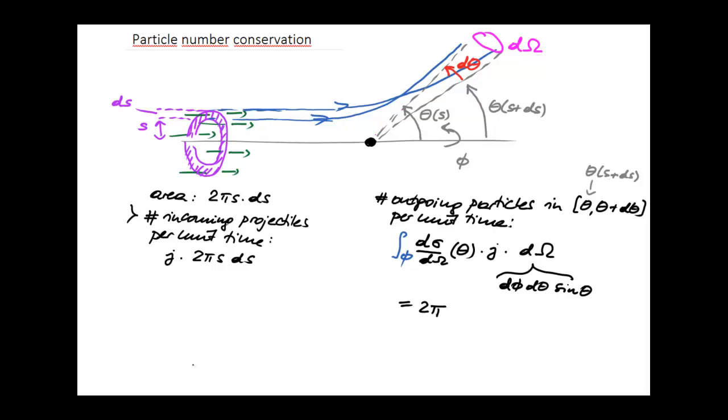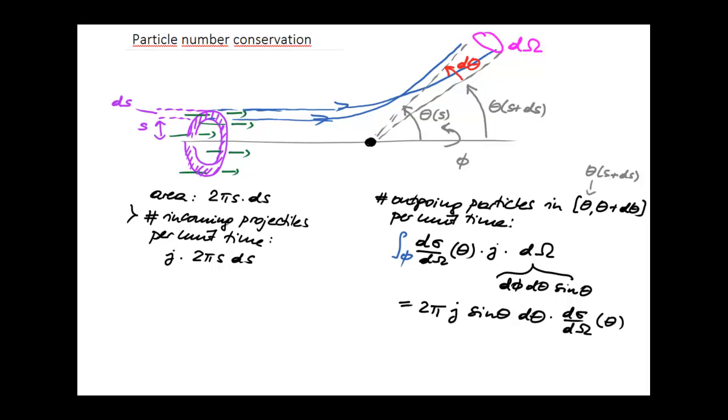Then we are left with j sine theta d theta and then the differential cross-section d sigma over d omega as a function of theta.